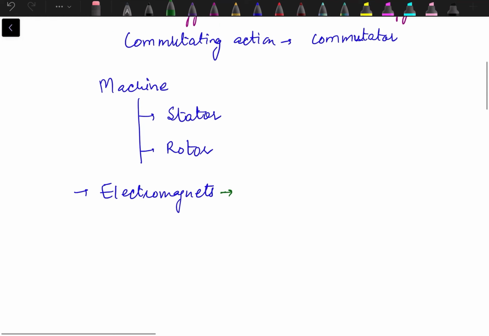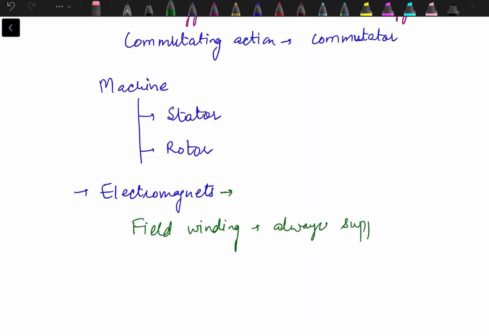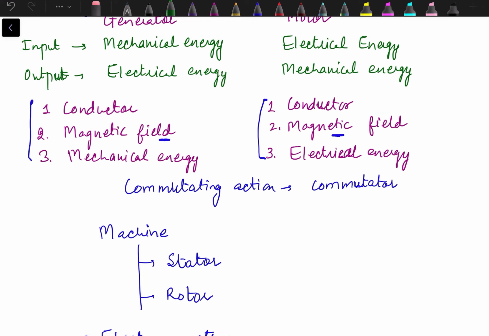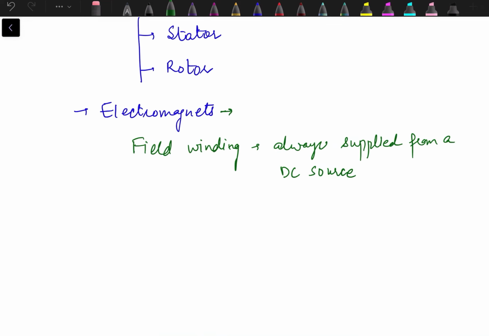For electromagnets, we need to use a field winding, which is always supplied from a DC source. So though we say that in case of a generator, we have mechanical energy as input, and electrical energy is input in case of a motor, the field is always supplied from the DC source, irrespective of whether it's a motor or generator, since we need to produce a magnetic field in the machine.